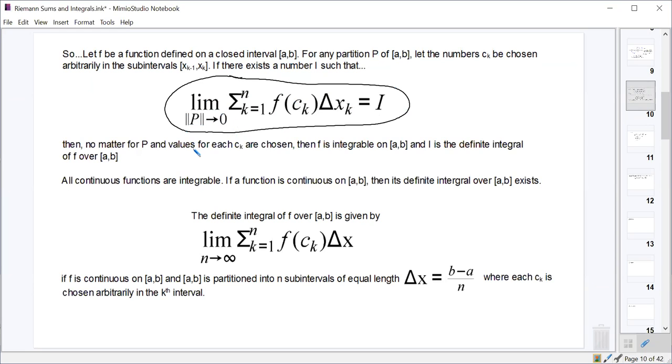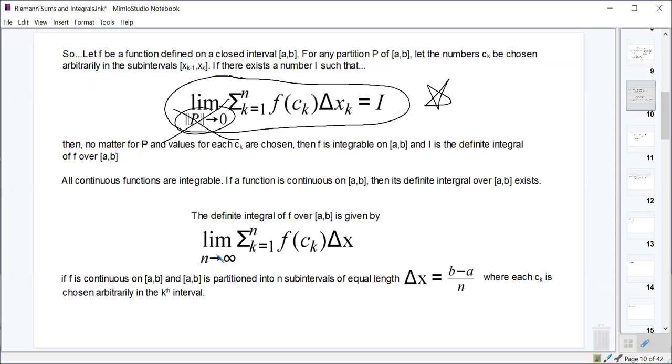And so this is kind of an irritating looking notation, obviously, for our integral. And it'd be a lot nicer if we had equal subintervals. If we had equal subintervals, rather than worrying about the largest subinterval, the norm of the partition, we could just say, let's make the number of them approach infinity. And that would get rid of that extra variable of the norm of the partition, this capital P with the double bars.